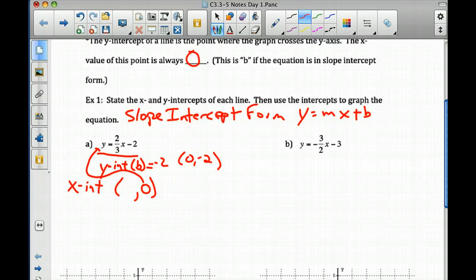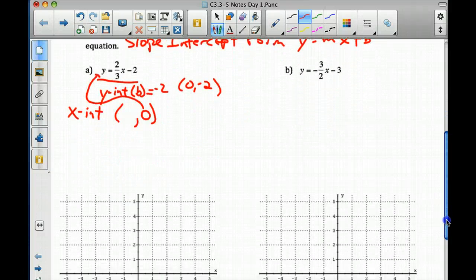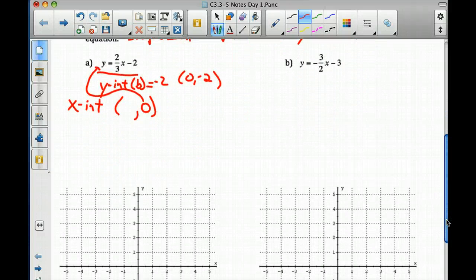Okay? Again, this is a little bit of work. So I'm going to go 0 equals 2/3 x minus 2. I took 0, because it's the y value of the point, and put it in for y. Okay? We're down to one variable, only x.